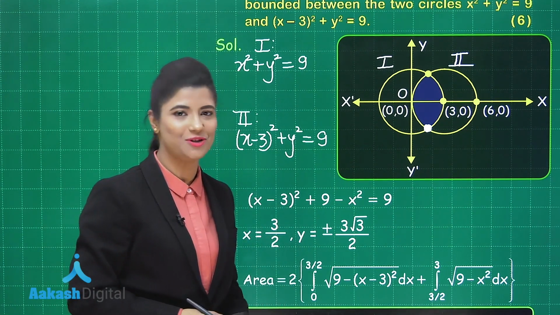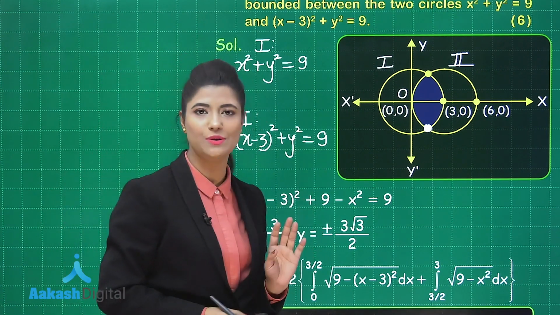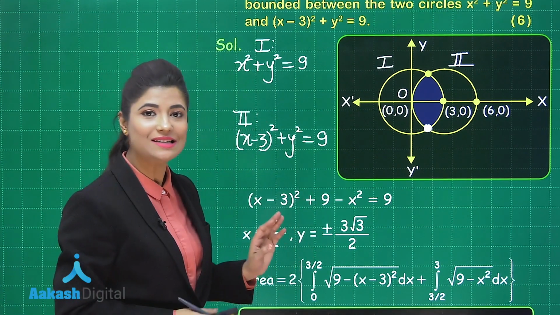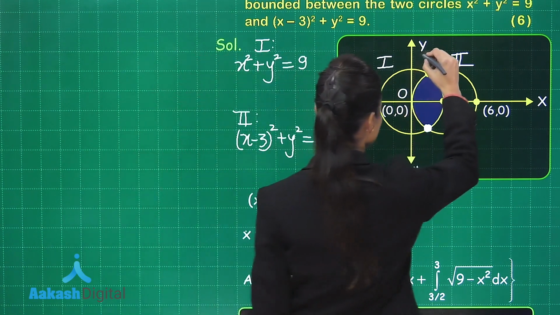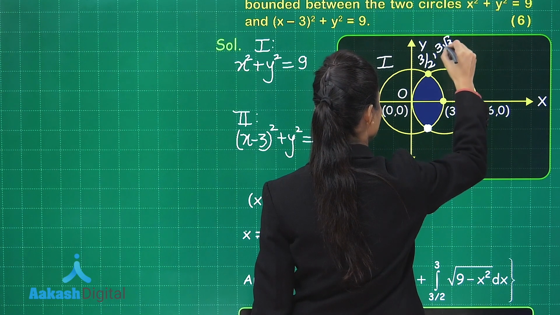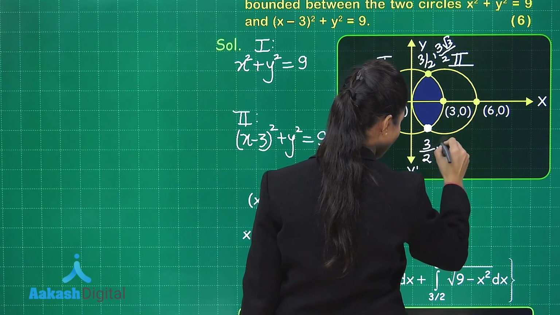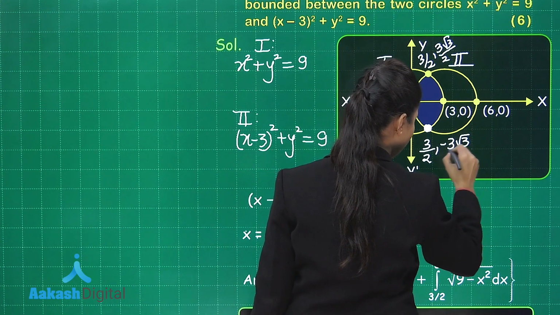You can easily substitute this value of x back in the first equation, resulting in two possible values of y, that is plus minus 3 root 3 by 2. So here we have this point of intersection (3 by 2, 3 root 3 by 2), and here we have this point of intersection as (3 by 2, minus 3 root 3 by 2).